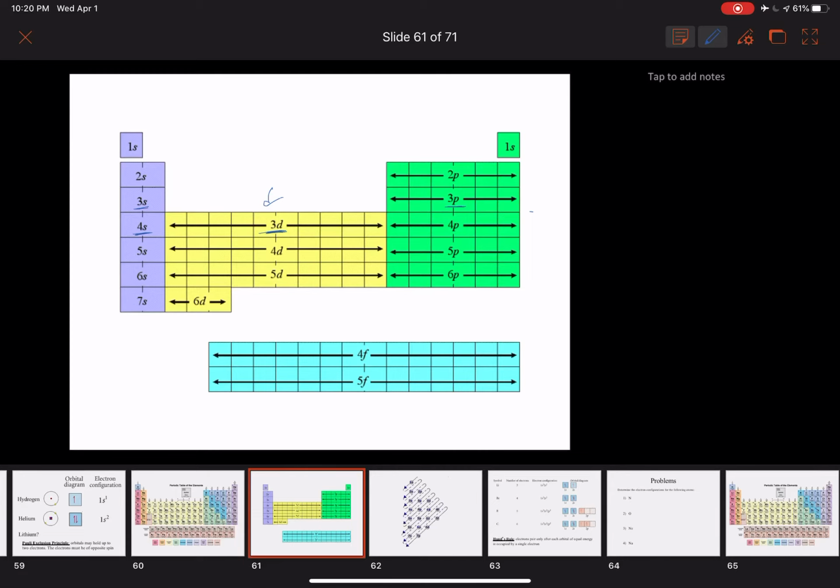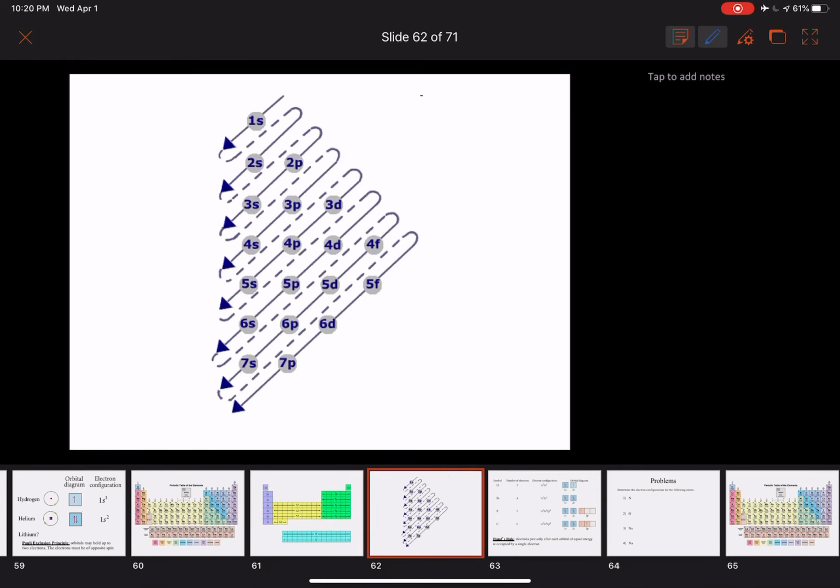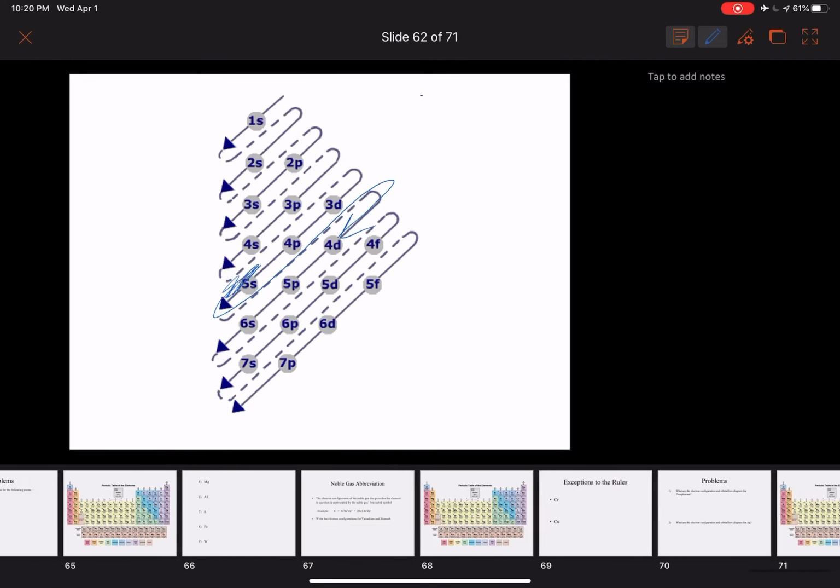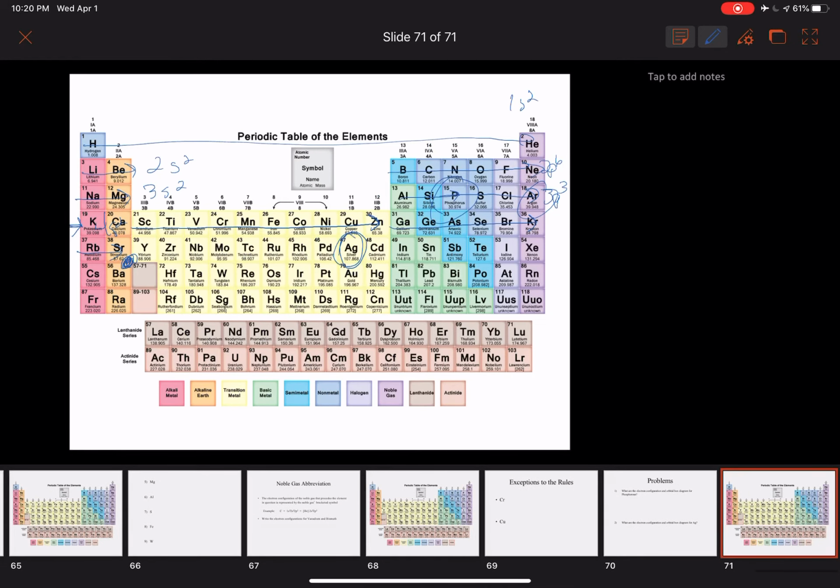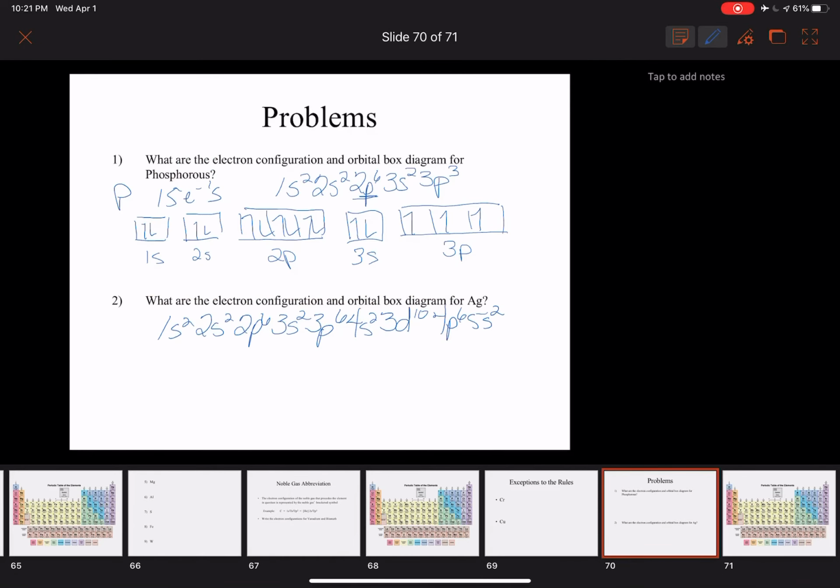So for silver, we are right here. You can also use this chart, and you can see that we're at 5s, and then we're going to 4d. Looking at the periodic table, we've got 4d 1, 2, 3, 4, 5, 6, 7, 8, 9. So silver is 4d9.